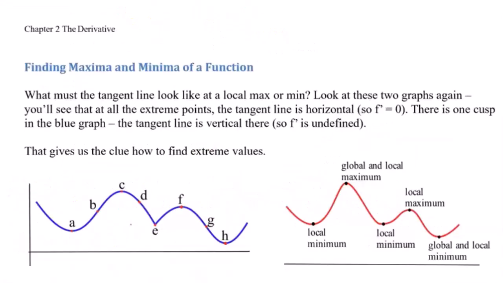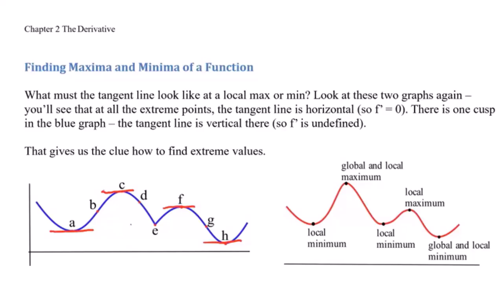Okay, so finding maxima and minima of a function. What must the tangent line look like at a local max or min? Well, we can see that this would be a local min at A, and it's horizontal. Local maximum at C, local maximum at F, local minimum at H. All of them have horizontal tangent lines.